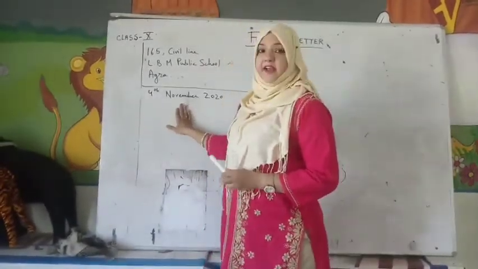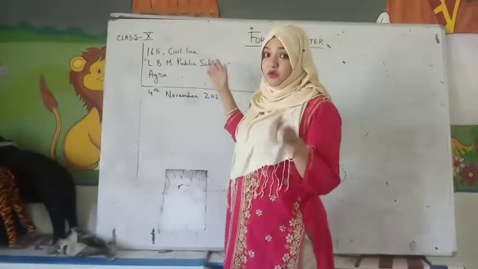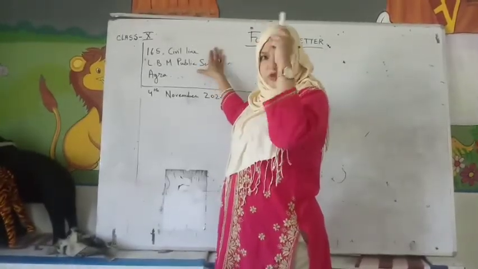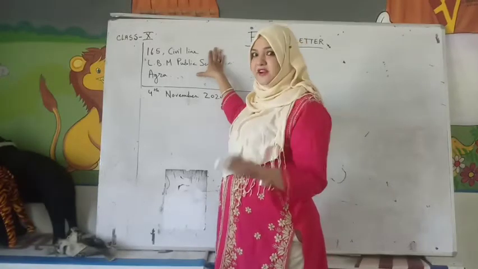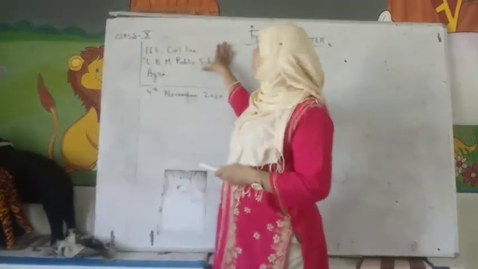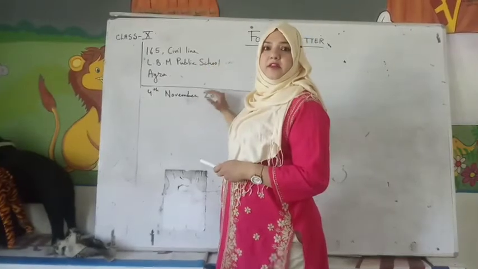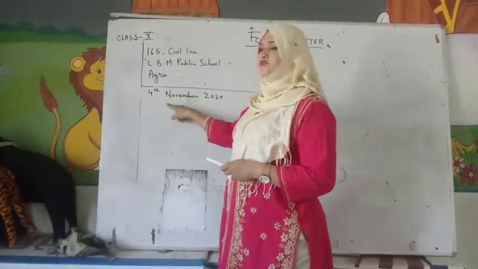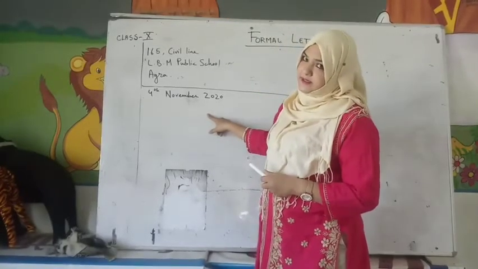You have the date. First remember how you will learn: you will learn the writer's address, or my address, so you will not get confused. Then leave one line. Date. The date should be in this format only. Please.